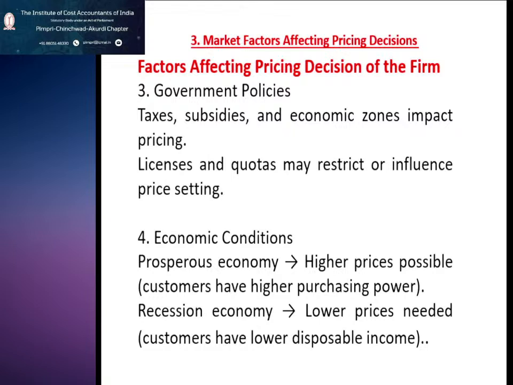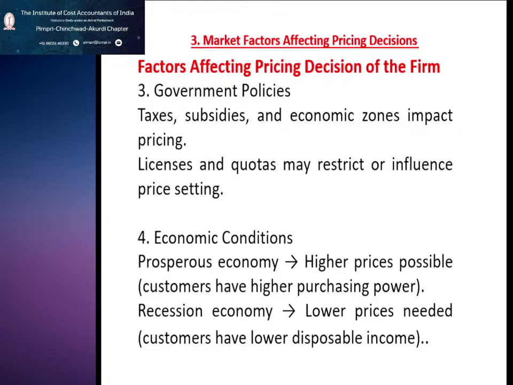The fourth external factor is the economic conditions. If it's a prosperous economy, higher pricing is possible because customers have higher purchasing power. So if the GDP growth is high, and inflation and unemployment rates are low, it constitutes a prosperous economy, wherein higher prices are possible to be charged because the customers have higher purchasing power in their hands.